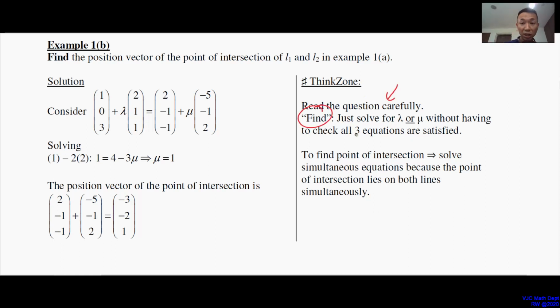You just need to find without having to check whether the 3 equations are satisfied, because the question already tells you that it's actually a position vector. You don't need to prove anything. So all you need to do is to solve L1 and L2, put them together, just find mu, and we are done. So there's a slight difference between example 1a and example 1b.